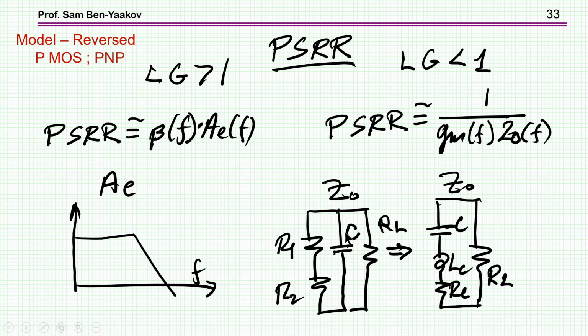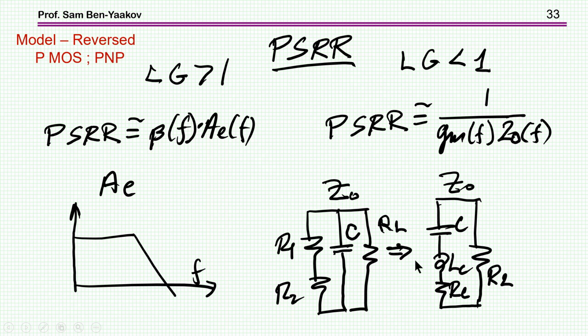Now what about the actual transfer functions? The error amplifier, which normally will have a single pole behavior, dominant pole with some crossover frequency, while the impedance is actually the impedance of a network that looks like this. R1 and R2 usually will be much larger than the load. This is the load. So this is the circuit.